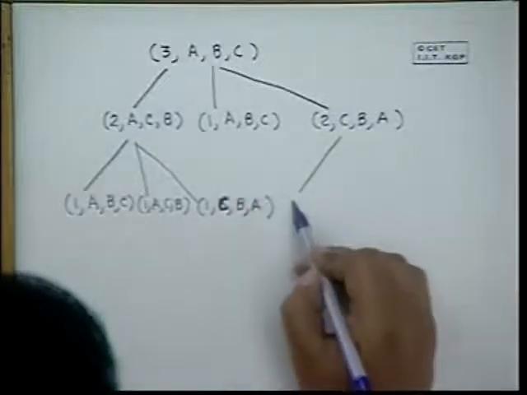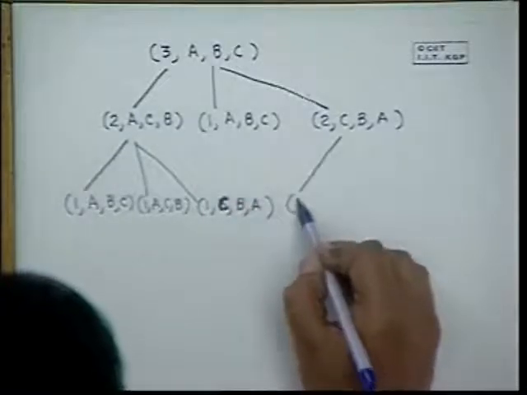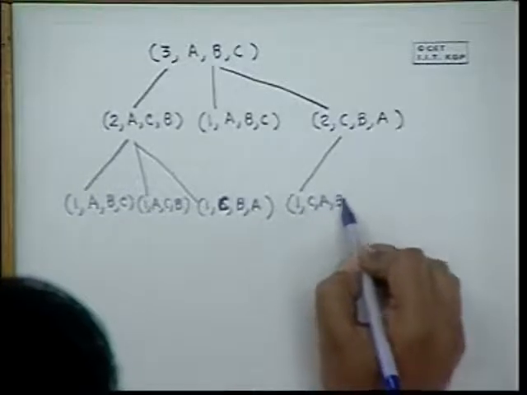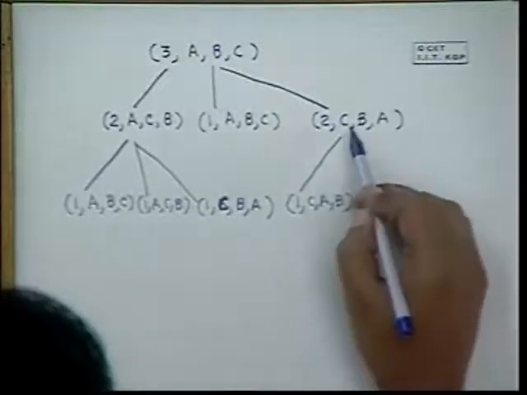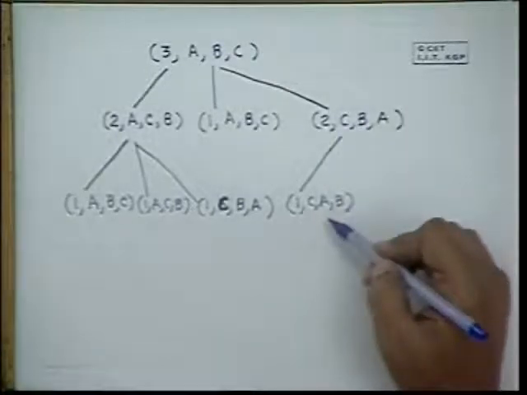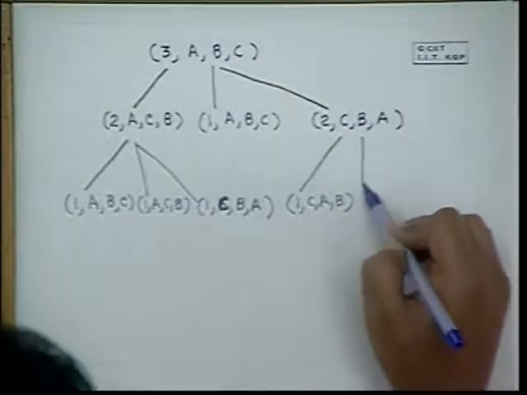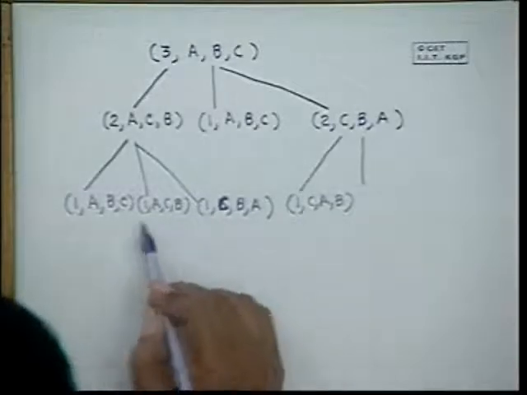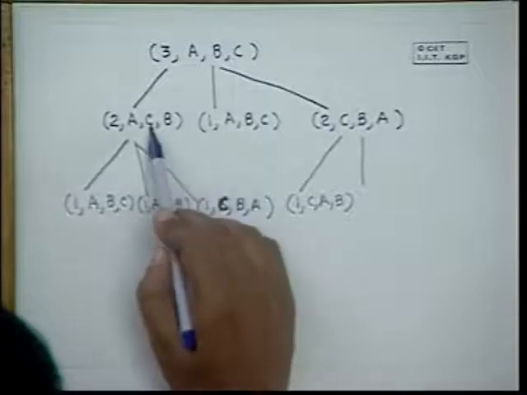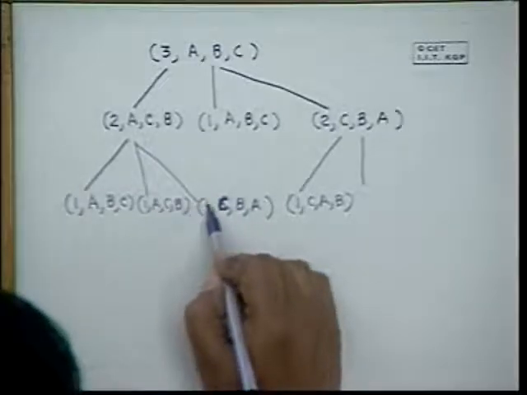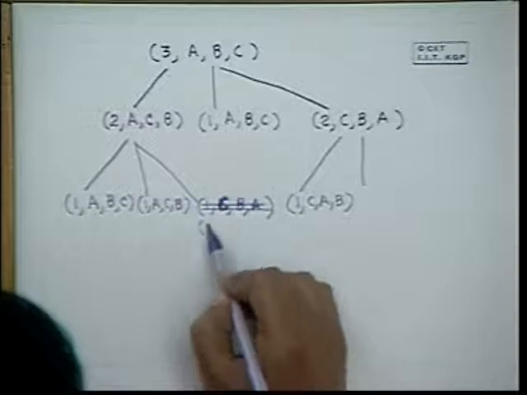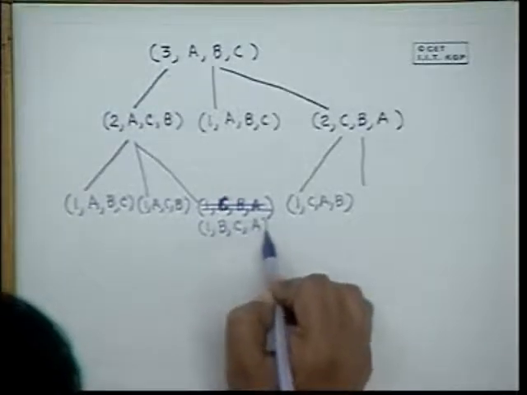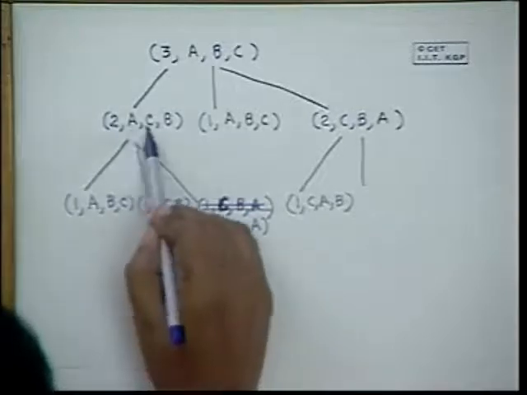This one is done. To solve this one, I will have to solve 1C, A, B. This is fine. This is okay. Yeah, this will be BCA. 1B, C, A, right? Because this is from to via.